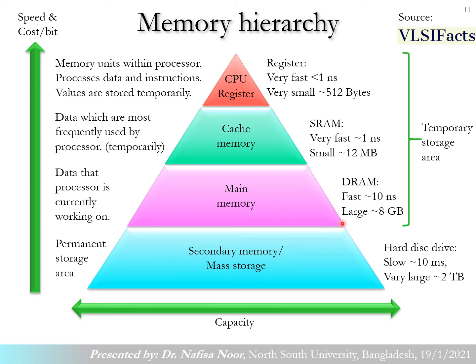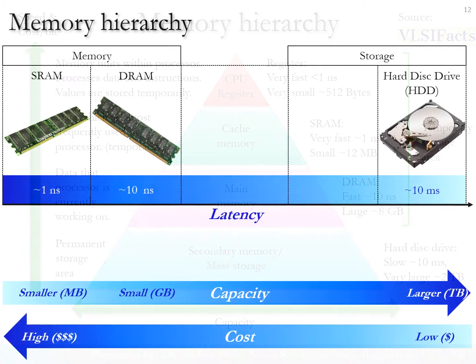Because of the very low cost, we can also use this hard disk drive in very large quantity. But the very strong problem here is that these are tremendously slow compared to the main memory, and there lies a speed gap between the temporary memories and the permanent storage facilities.